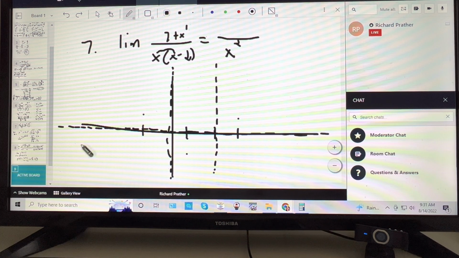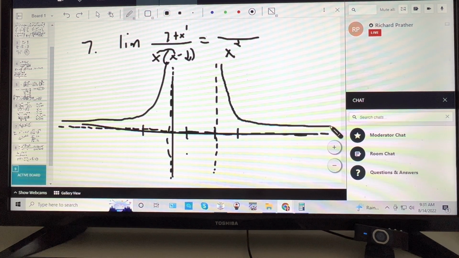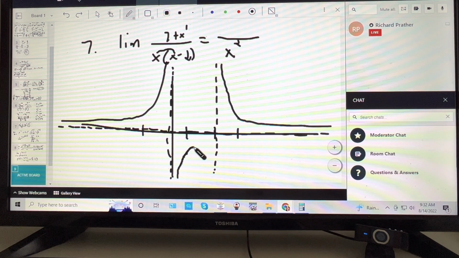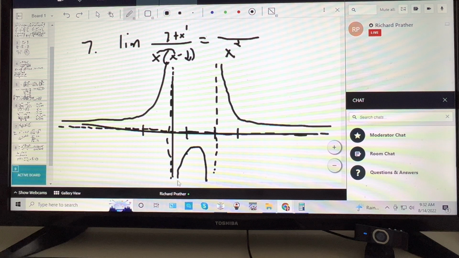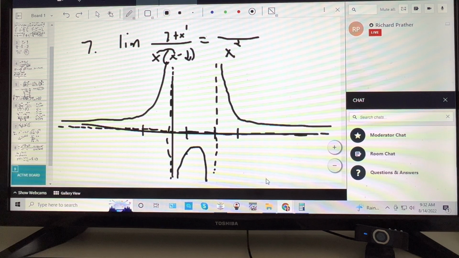So typically with these graphs where there's 2 vertical asymptotes, you get one that goes like so, and then this one's going to go like that. And the one in the middle often will either be looking like a parabola, or sometimes it looks like a cubic if it goes up. But this is probably what the graph looks like.